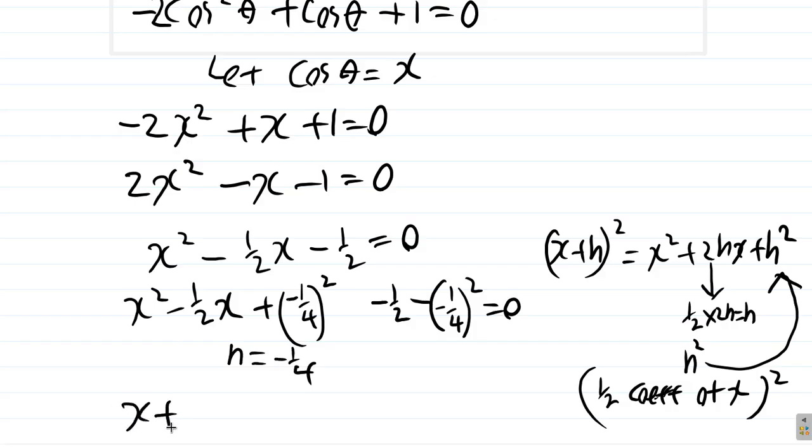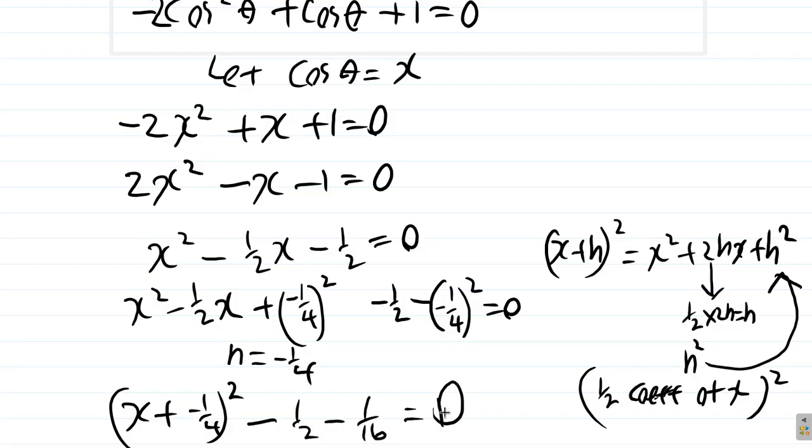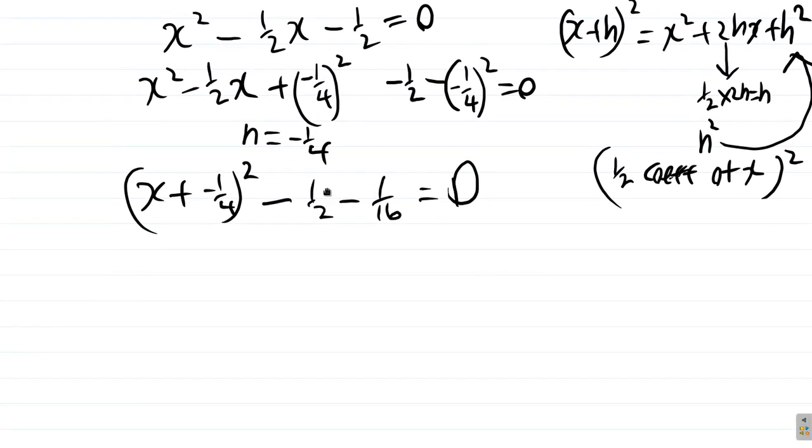So you have x plus negative a quarter all squared. Just like what you have here. And then you work this part out. Minus a half minus negative a quarter squared, which is 1/16, equals 0. Alright. This can be written as x minus a quarter squared.